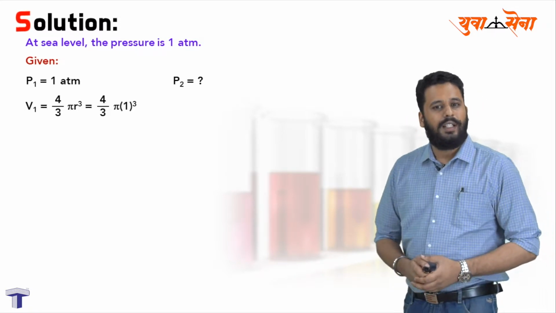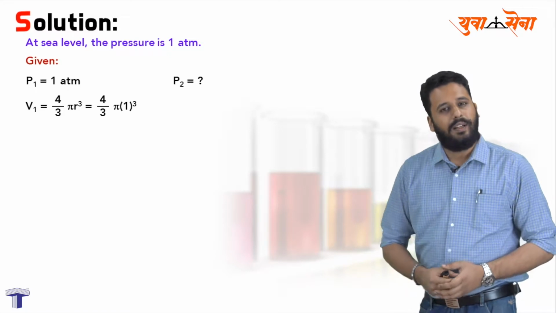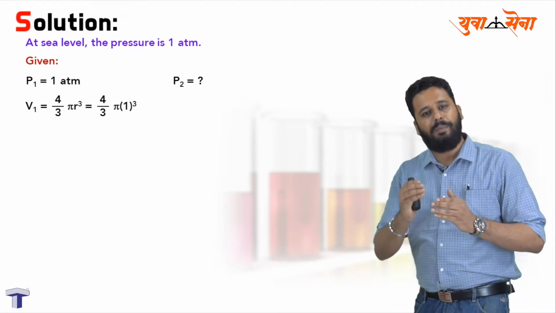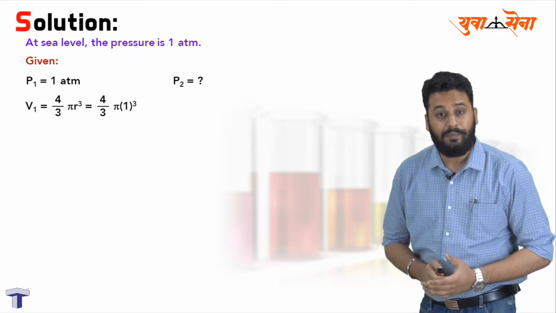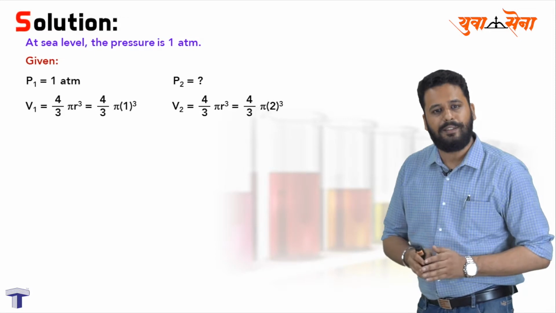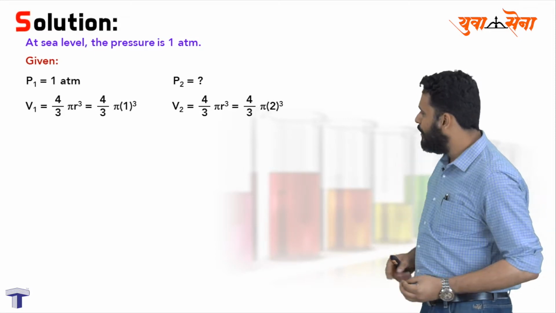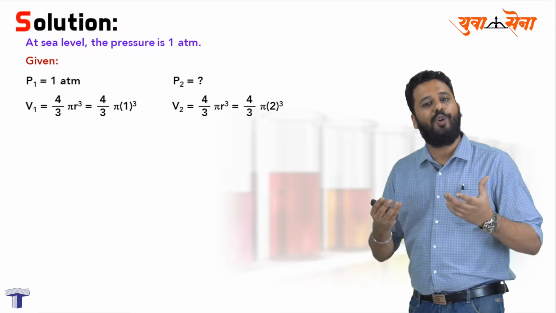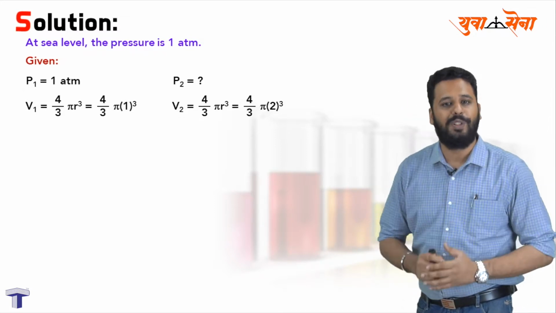So we can say that the initial volume is 4 by 3 pi r cube, so 4 by 3 pi into 1 cube. Similarly, the second volume, when it expanded to 2 meters, the second volume will now become 4 by 3 pi r cube, which we can write as 4 by 3 pi into 2 cube.